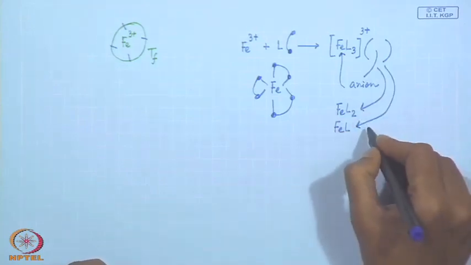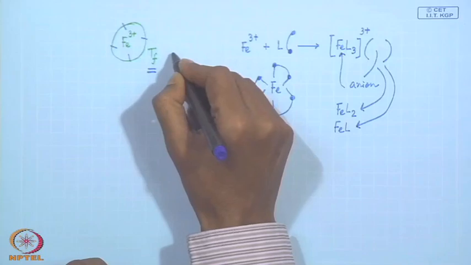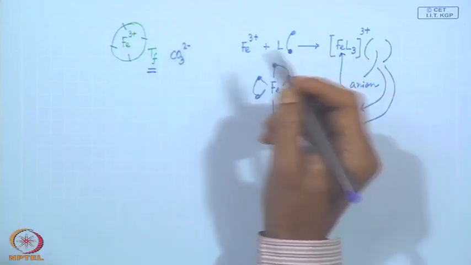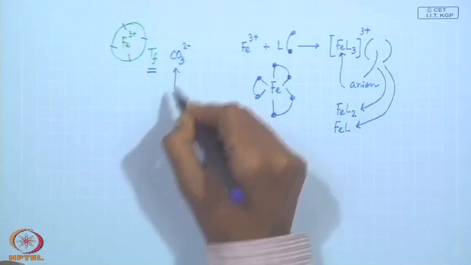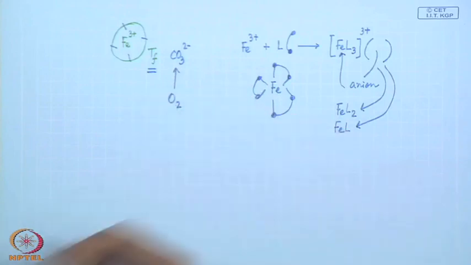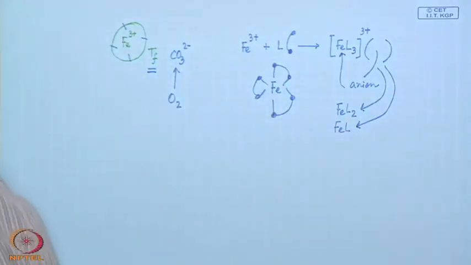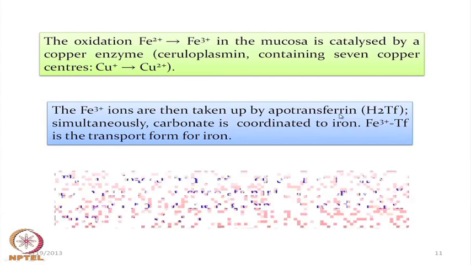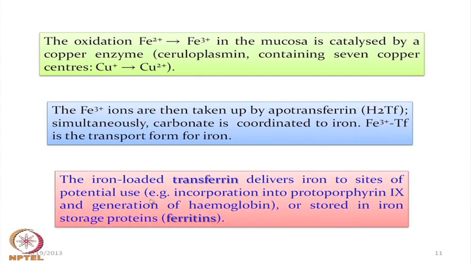What is happening in the case of the transferrin molecule is the use of CO3 2-, which we produce in plenty after consumption of the dioxygen molecule. When dioxygen is consumed, it forms the carbonate anion, and that carbonate anion helps the apotransferrin molecule trap the iron.